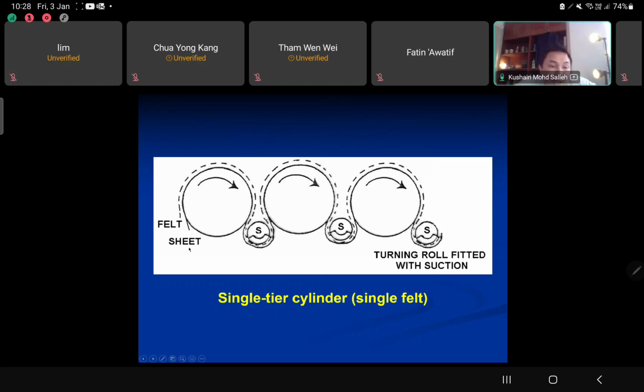The sheet, or wet web, comes together with the felt. The felt is used to press the sheet closer to have very good contact with the cylinder, so that the sheet can have an efficient evaporation process. Without felt, it would be impossible for us to totally dry the sheet. So we require felt in this system.